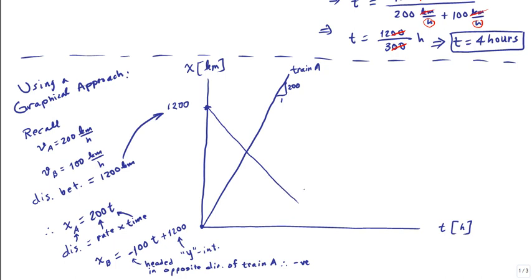This is train B. What we're really interested in is the intersection of these two. This is what we want to determine. And train A has a graph that looks like this. Train B has a graph that looks like this.